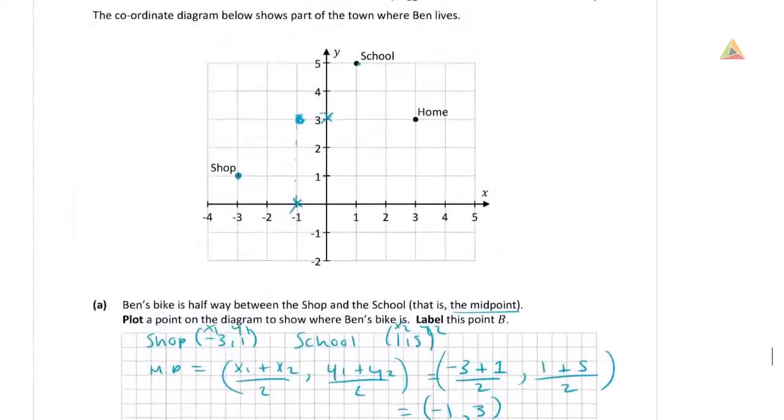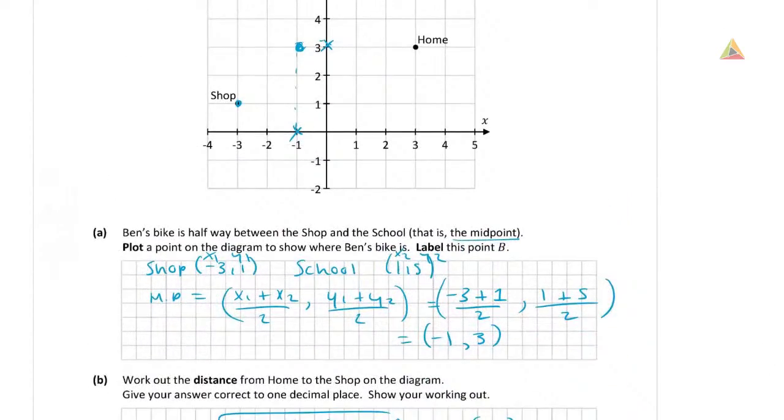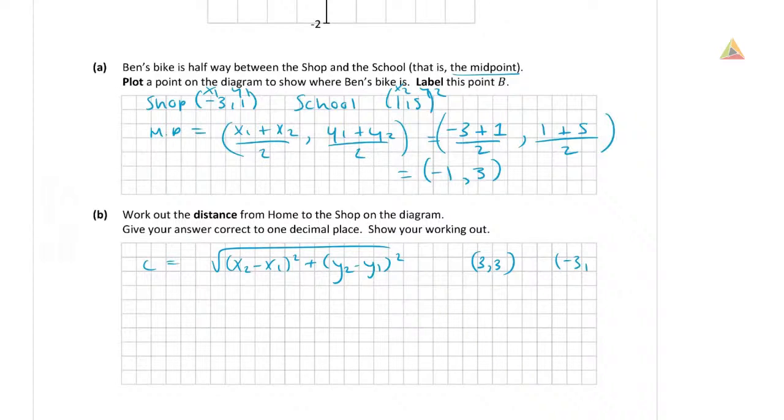And the shop is the point minus 3, 1. So we're literally putting them into the formula. So c is equal to x2, in this case minus 3, take away x1, which is 3, squared, plus y2, which is 1, minus y1, which is 3, squared.